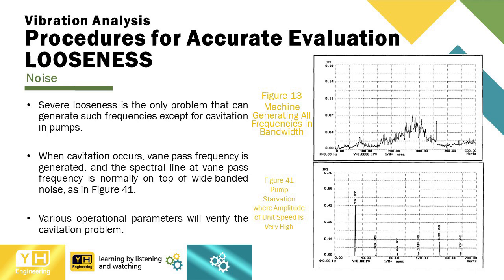Severe looseness is the only problem that can generate such frequencies except for cavitation in pumps. When cavitation occurs, vane pass frequency is generated, and the spectral line at vane pass frequency is normally on top of wide-banded noise, as in Figure 41. Various operational parameters will verify the cavitation problem.